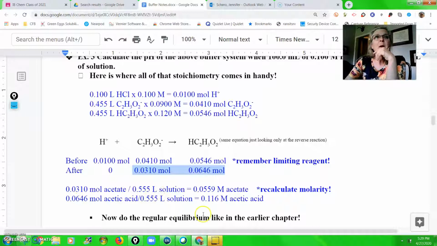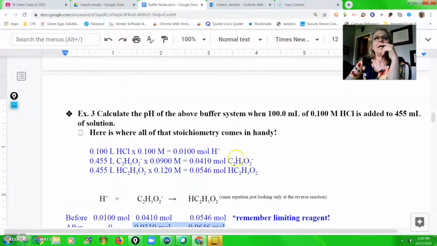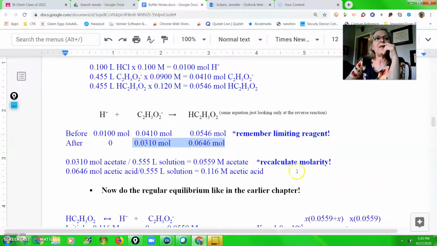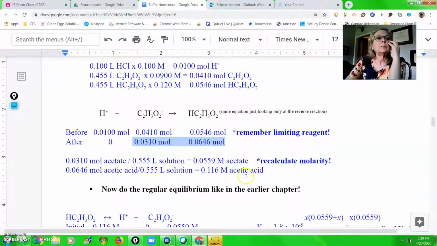And for those of you wondering where the total number of liters came from, remember that we had 0.1 liter from the HCl and we had 0.455 liters of the weak acid. So keep in mind that that's what you had there. Okay, so getting all that together, we get our molarities of each one.